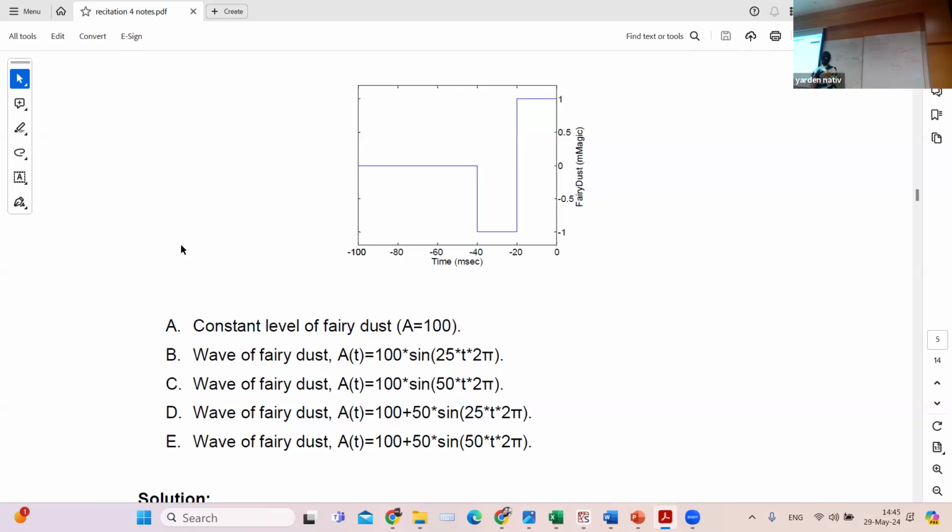And if it's 50, then T is 20 milliseconds. Which one is the period duration in our example? The 20 or the 40? Right, why? Please note that this is one of the things that students are always confused about. So why is it 40 and not 20?